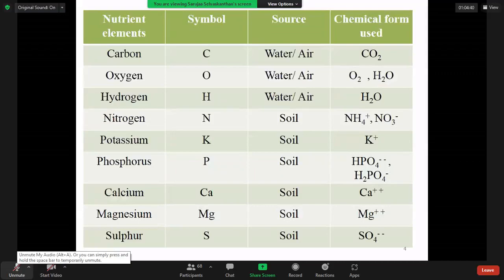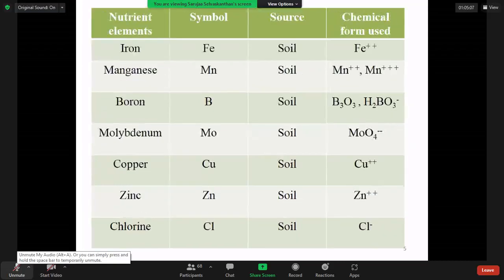Carbon is taken up as carbon dioxide, oxygen as O2, hydrogen as H2O, nitrogen as ammonium or nitrate, potassium as potassium plus ion, phosphorus as H2PO4 minus.